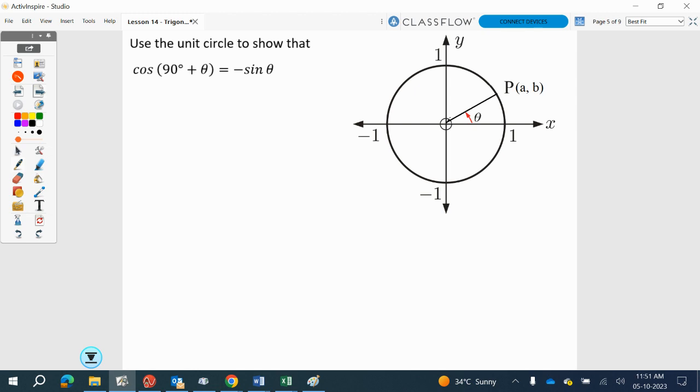Draw your diagrams, David. Draw your diagrams.